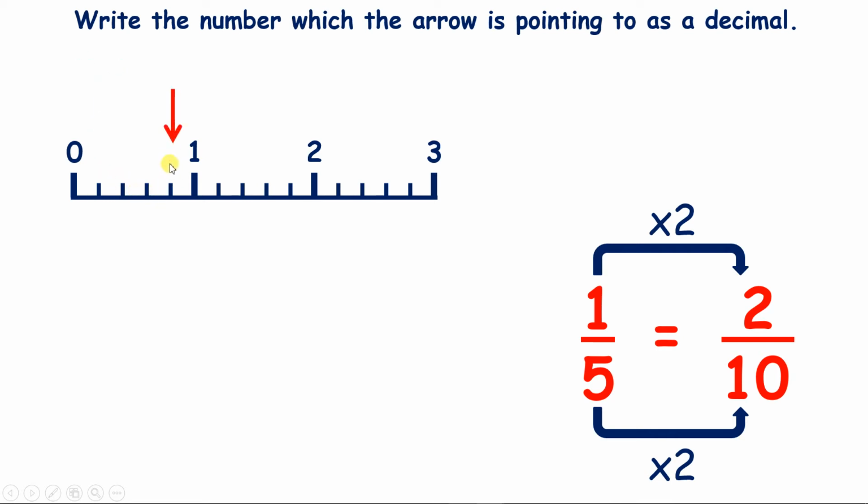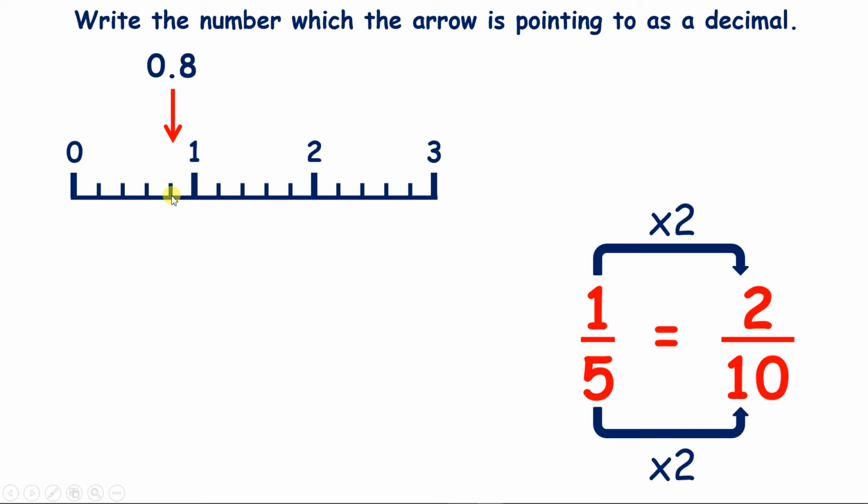Now which number is the arrow pointing to here? Well, if we know that each line is 0.2, we can count up in steps of 0.2. So 0.2, 0.4, 0.6, 0.8.